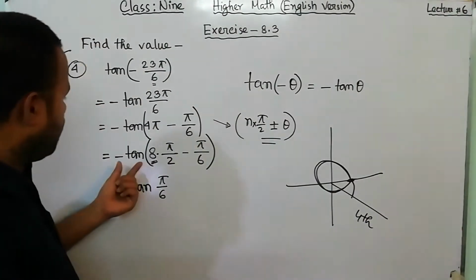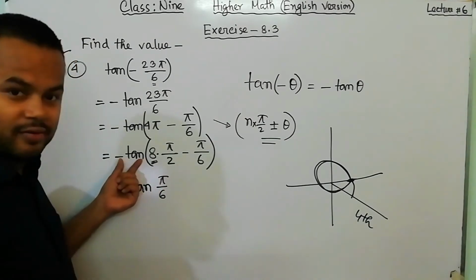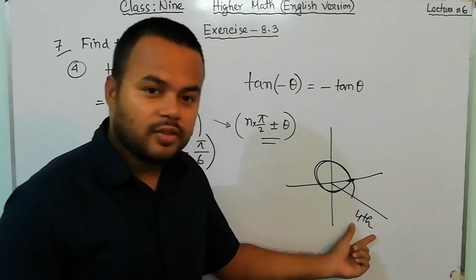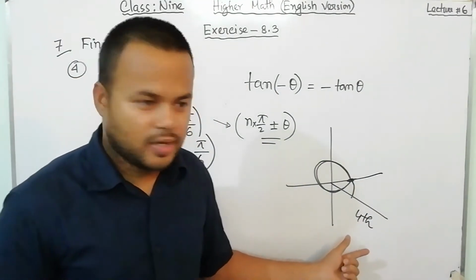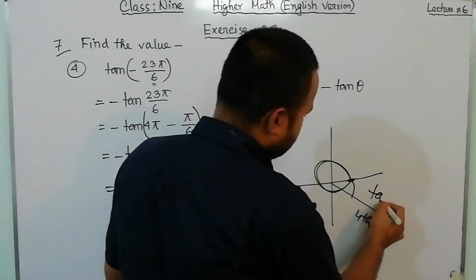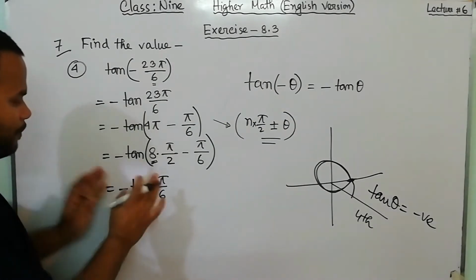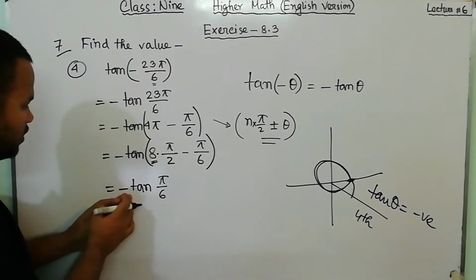Okay, now we are determining the sign for tan. In the fourth quadrant the value of tan theta is negative, so we have to put a negative sign here, and another negative sign here.